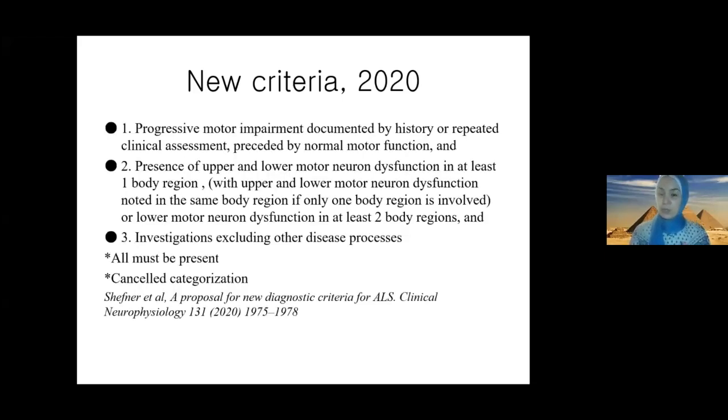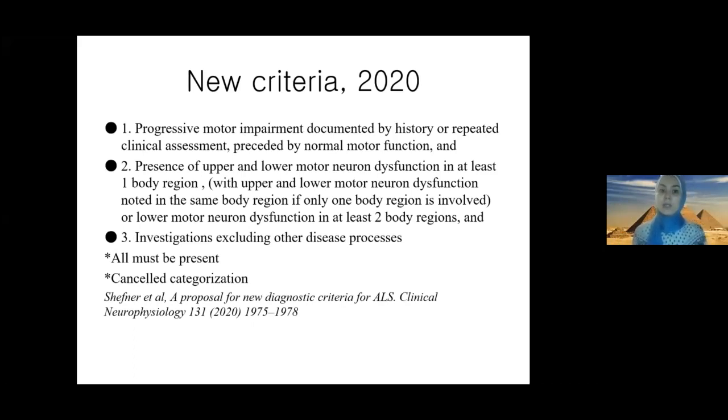What's the new criteria, whatever they're going to call it, Schaffner criteria or Gold Coast criteria? First, we have to find progressive motor impairment documented by history or repeated clinical assessment, preceded by normal motor function. So I know that this patient started from being normal and then had a progressive motor impairment.